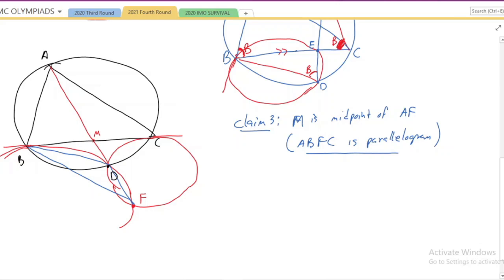Okay, so the goal here is to show that BC is parallel to AC. All right, so for that, what we have now is that this angle, we call it say phi, is equal to, as an angle CAD is equal to angle CBD, since A, B, C, D lie on the same circle, so that's based on segment CD.